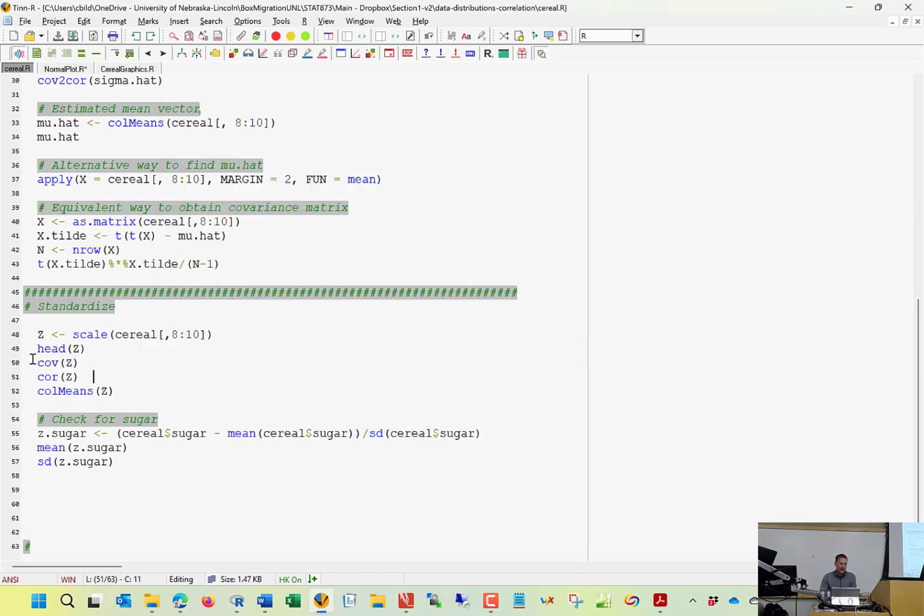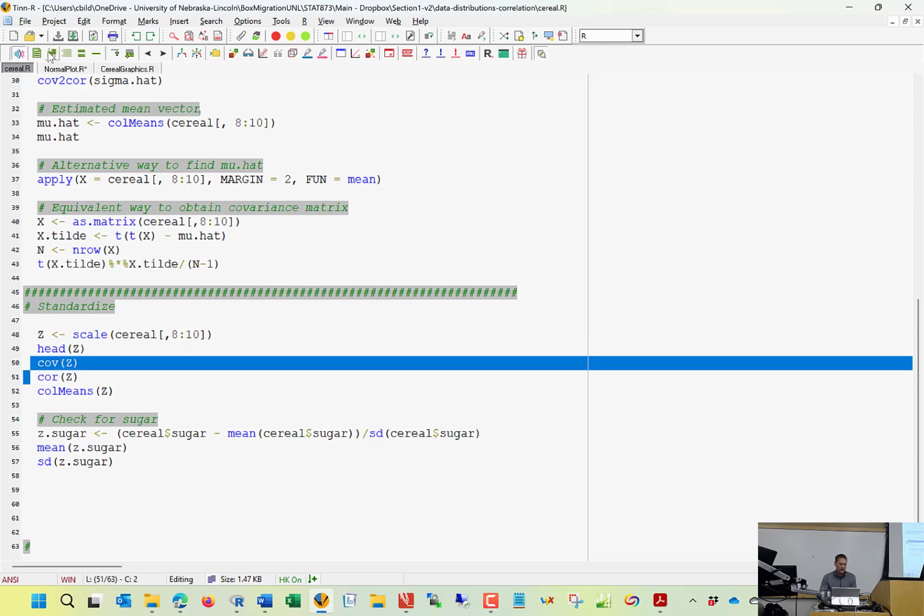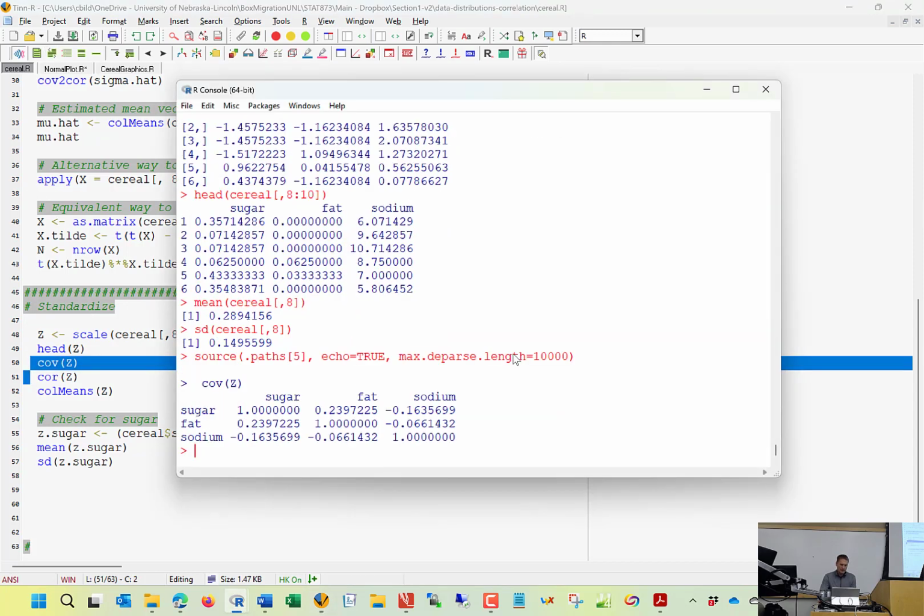Let's take a look at the estimated covariance matrix. For the Z version, the estimated covariance for sugar and fat is about 0.24. The estimated variance for sugar is 1. Remember, we said that we would expect that.